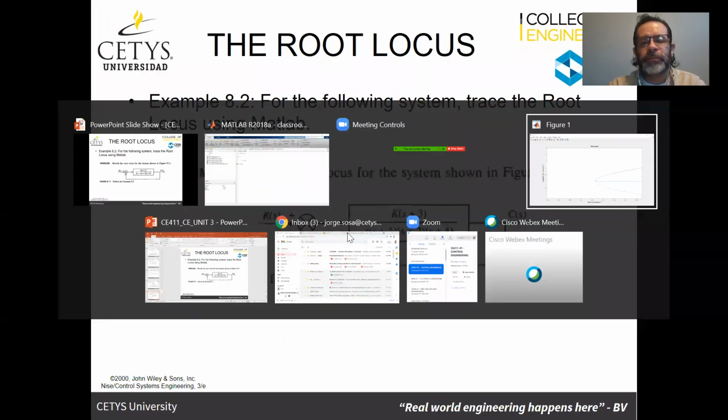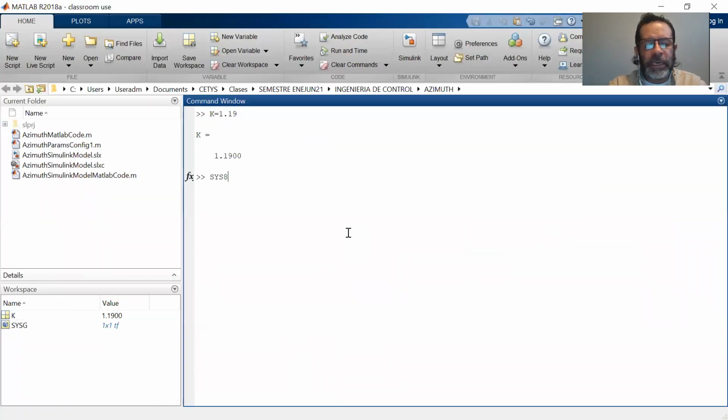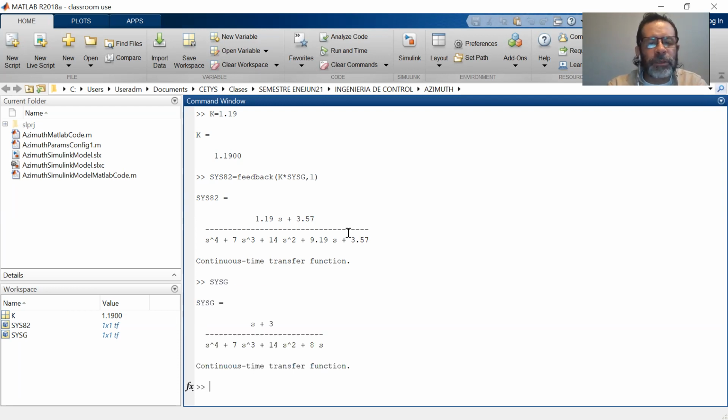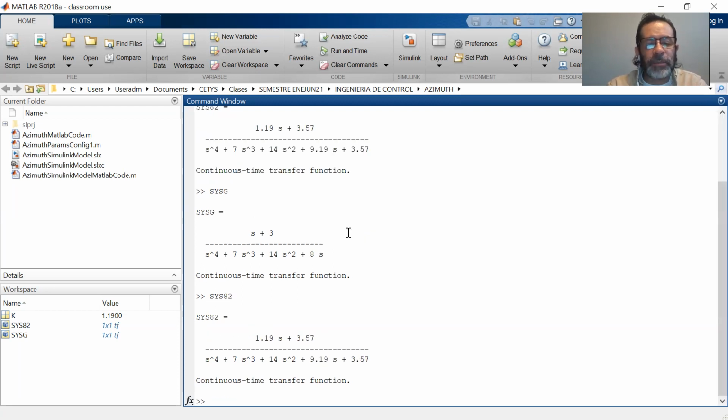This is 8.2. Cis 8.2 is equal to the feedback of K times cis G, comma 1. So I'm just generating the whole system. And let's see what happens with the step function. The original cis G was this one, and the complete feedback system is going to be this one, and let's run a step function. So let's see what happens.